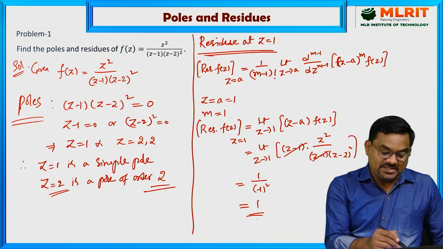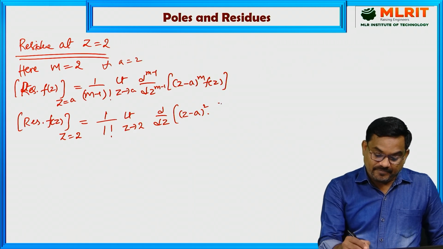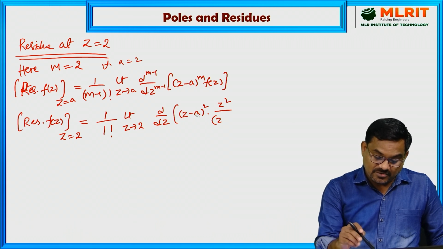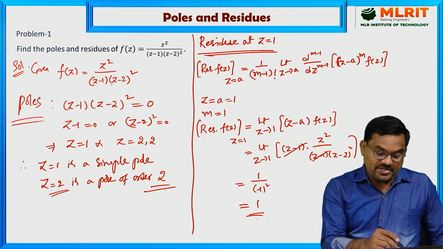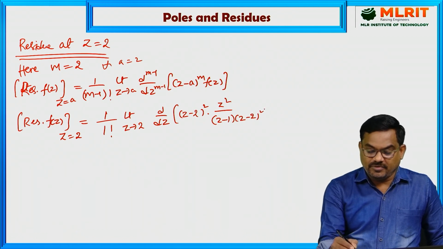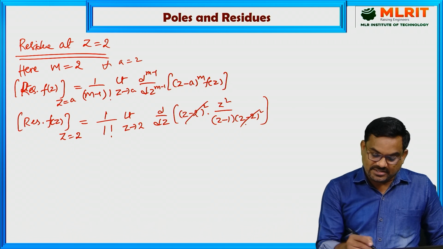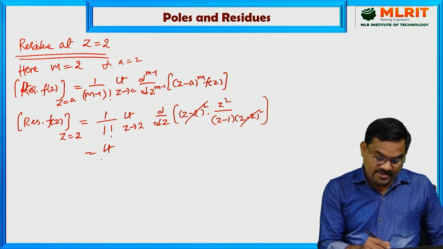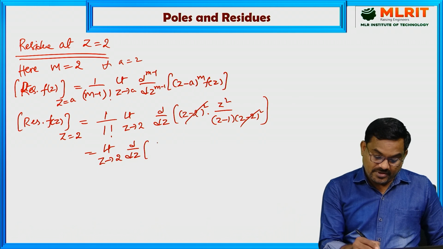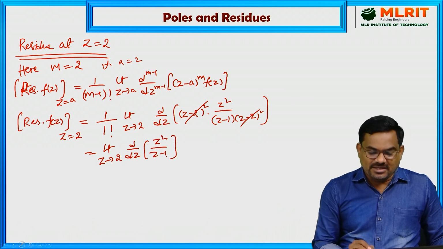F of z is z square by z minus 1 into z minus 2 whole square. So here these two get cancelled. So this is limit z tends to 2, the derivative of z square by z minus 1. So this we need to calculate.